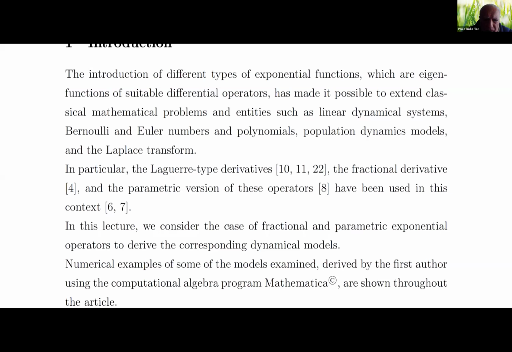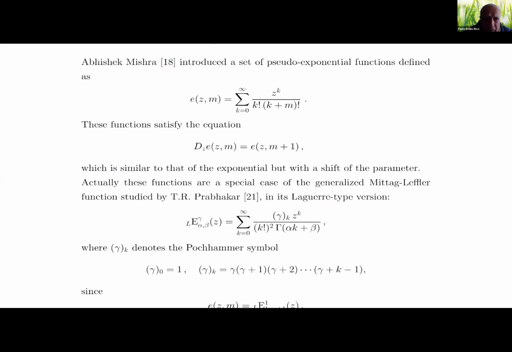In this lecture, we consider the case of fractional and parametric, both of this generalization, exponential operator, to derive the corresponding dynamical models. Numerical examples of some of the models examined, derived by the first author, Diodo, using the computational algebra program Mathematica, are shown throughout the article.